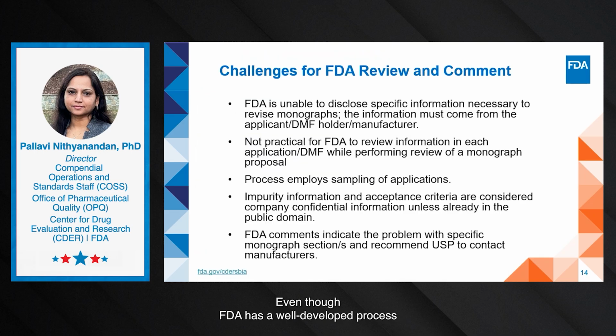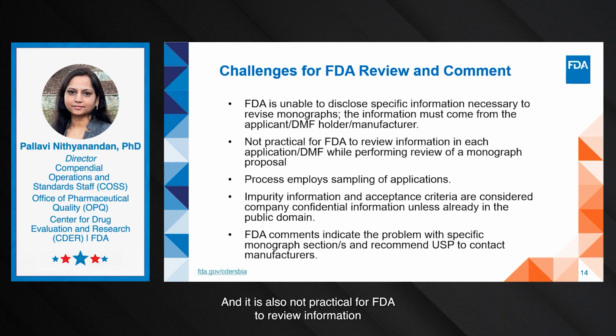Even though FDA has a well-developed process for reviewing the USP monograph proposals, unfortunately, we are unable to disclose specific information necessary to revise the monographs to USP, because any specifications, impurity names, etc. are considered company confidential information and trade secret, and such information must come from the applicant, DMF holder, or drug product manufacturer to USP.